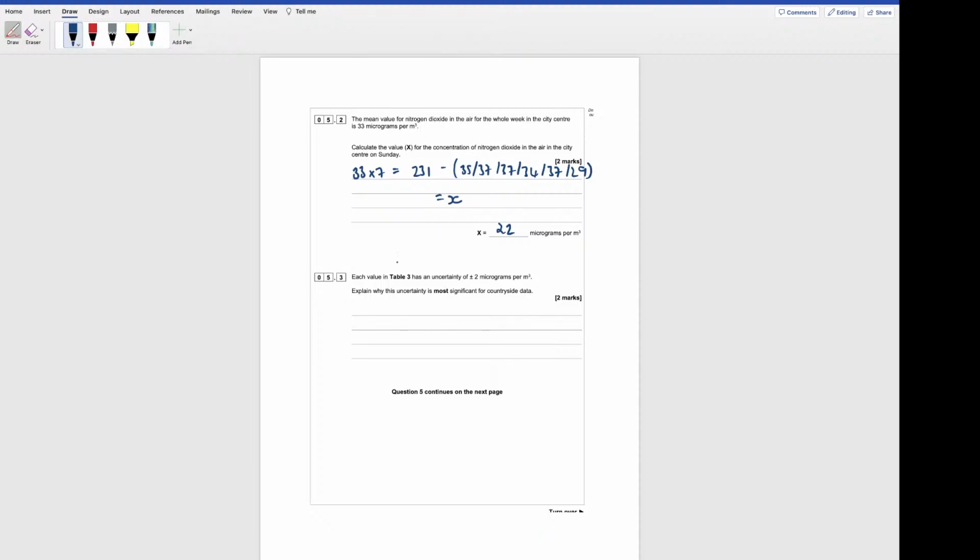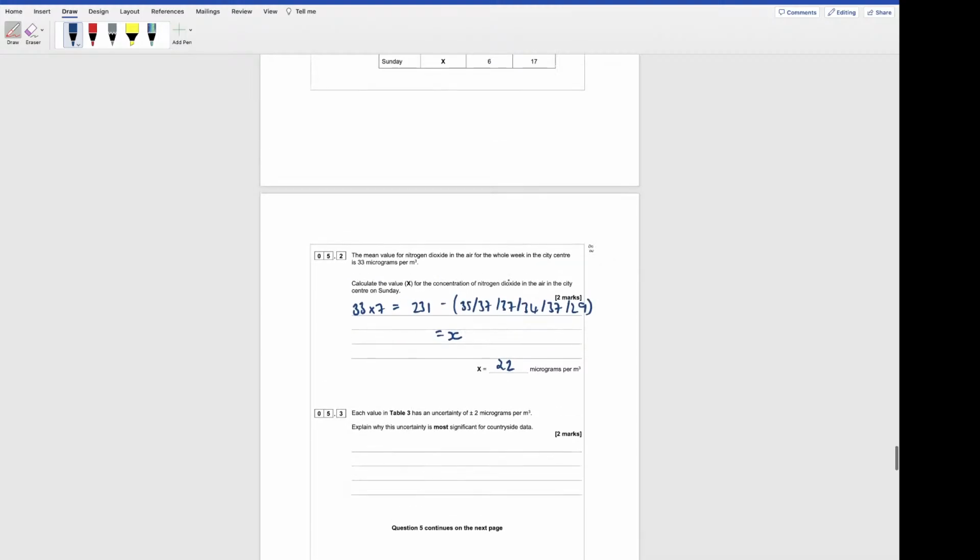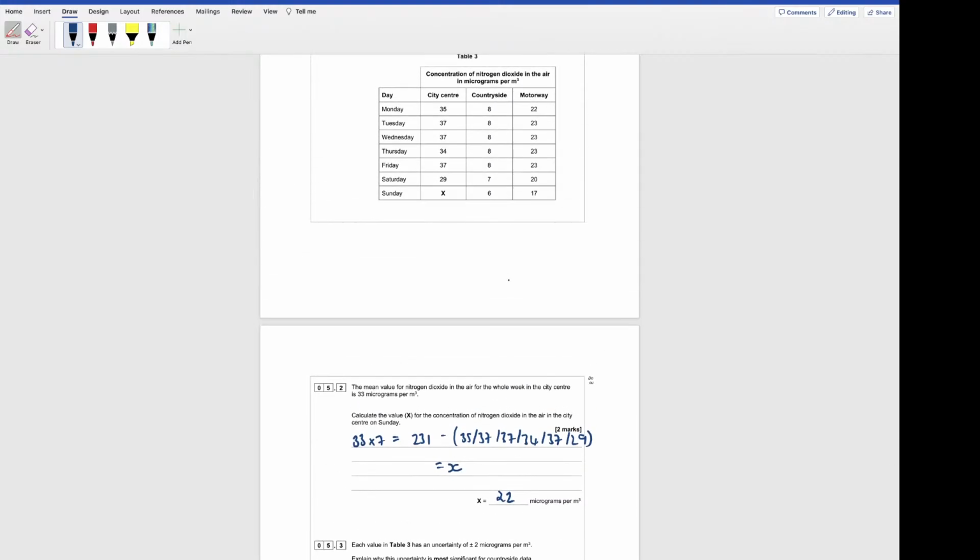Right. So each value in table 3 has an uncertainty of plus or minus 2 micrograms per meter cubed, meaning that the value reported in this table here could be 2 higher or 2 lower. So let's take Monday as an example. For the countryside, the actual value could be 10 or 6.